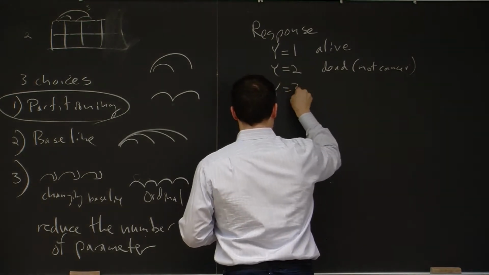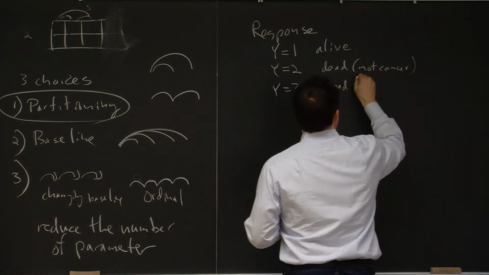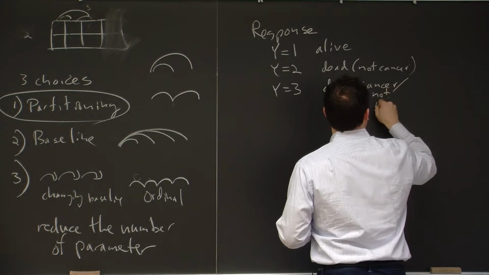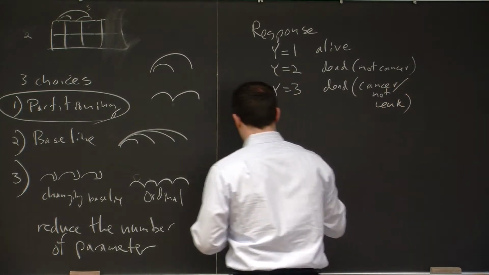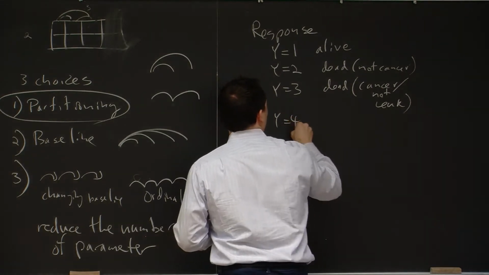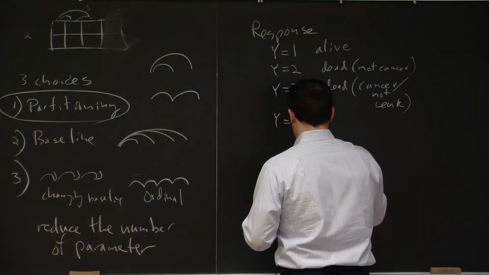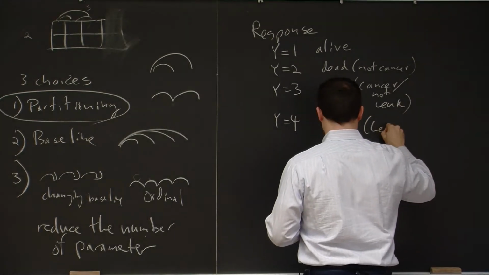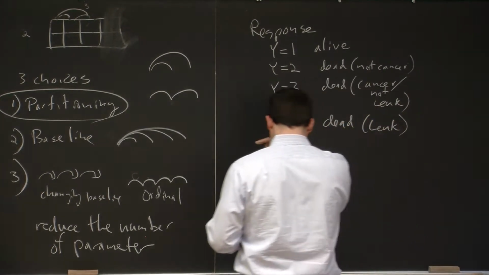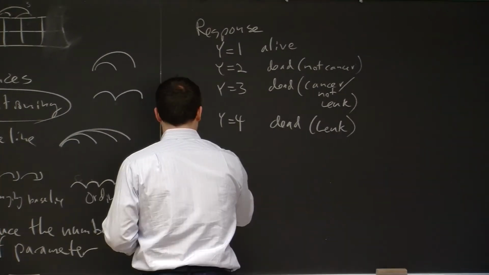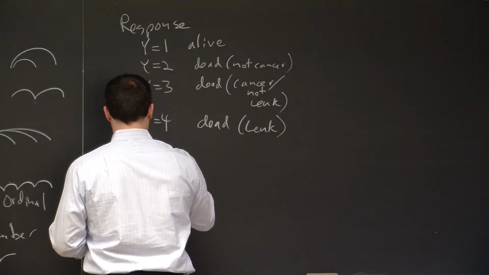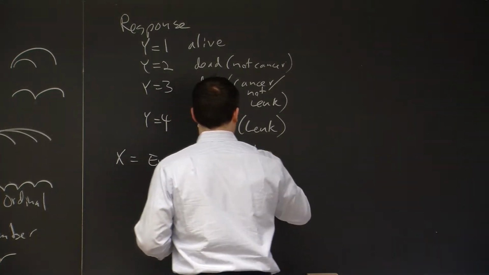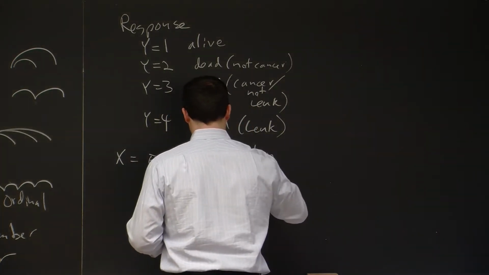Y equals 3, dead, cancer, but not leukemia. And y equals 4, so sort of a study about leukemia, presumably, dead from leukemia. And then we have a predictor. There's going to be exposure to radiation: low, medium, high.